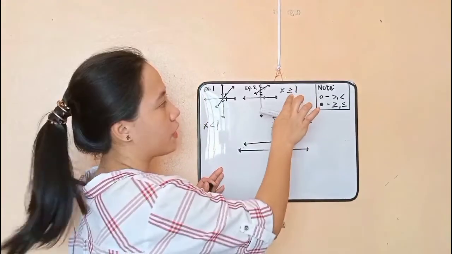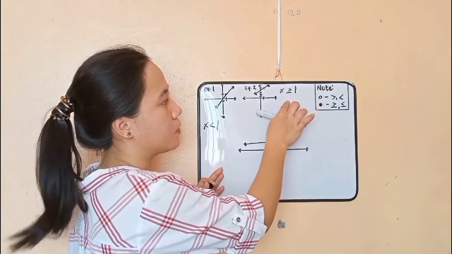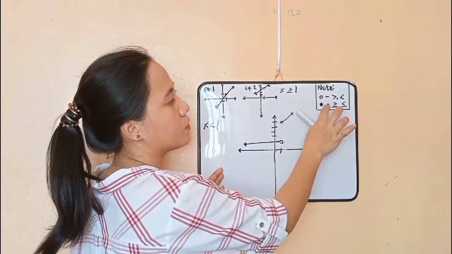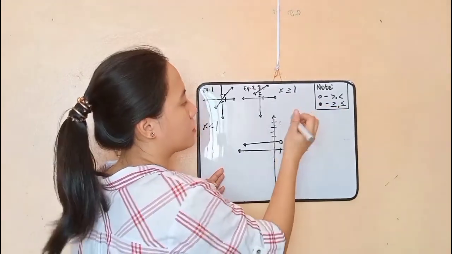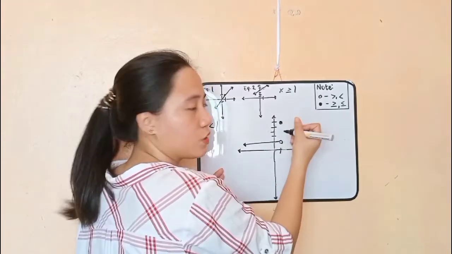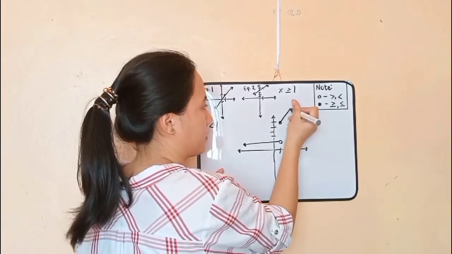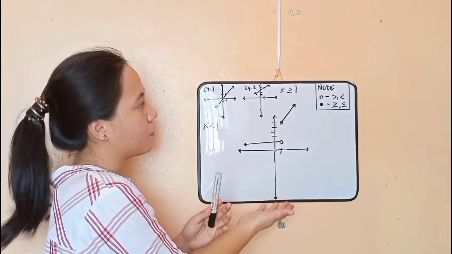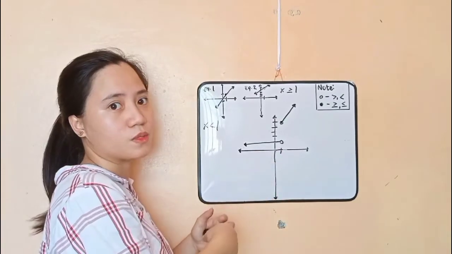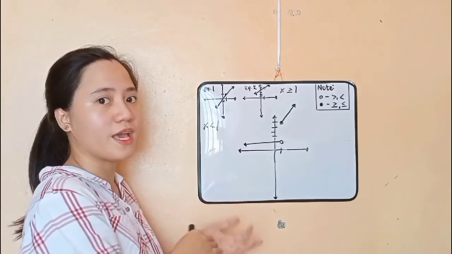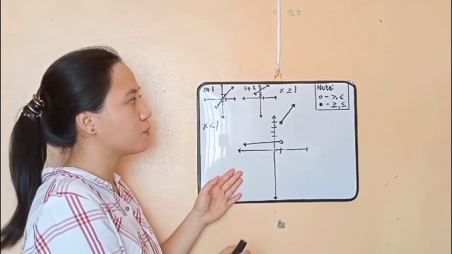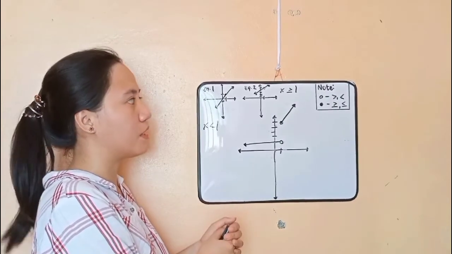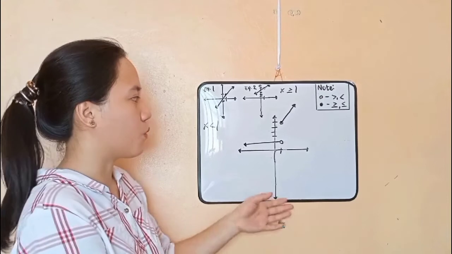Since we're talking about greater than or equal to, we will use the closed circle. Arrows go upward. This is the final graph of our equation f of x equals 2x minus 1 when x is less than 1, and x plus 4 when x is greater than or equal to 1.